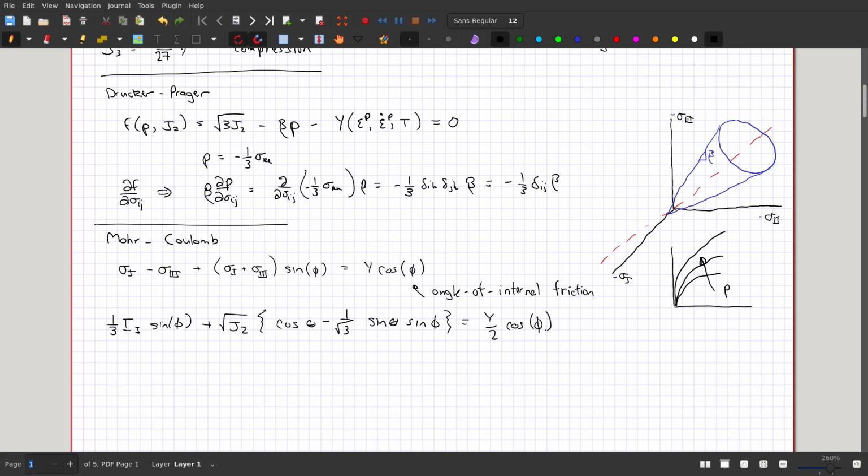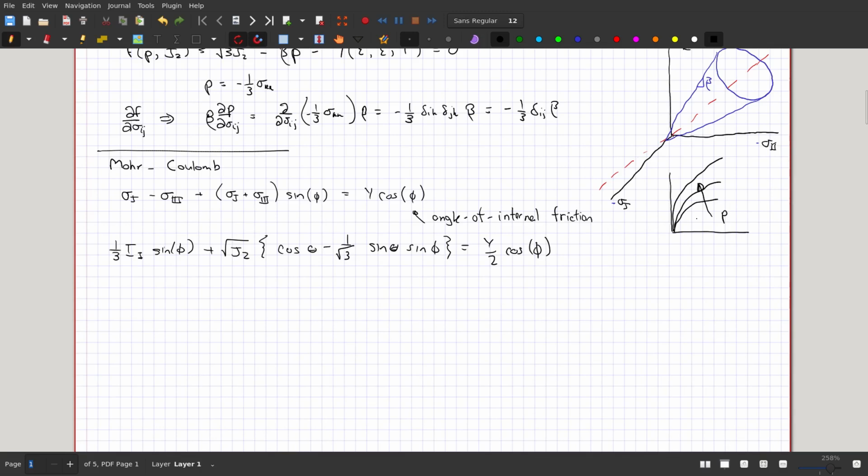So theta is something called the load angle. I'll talk about what that is in a second, but let me draw this real quick.